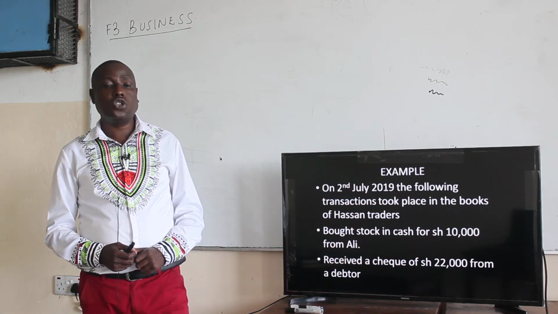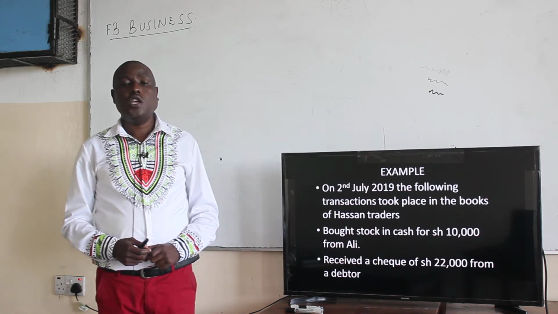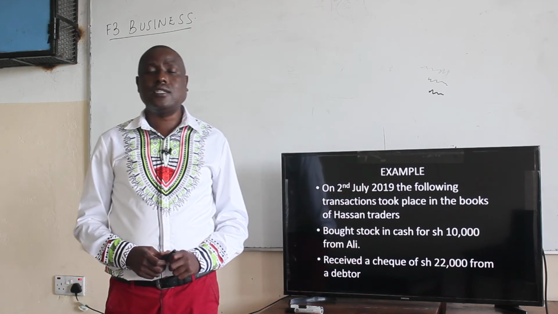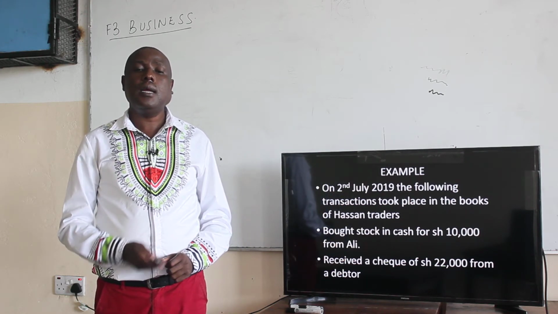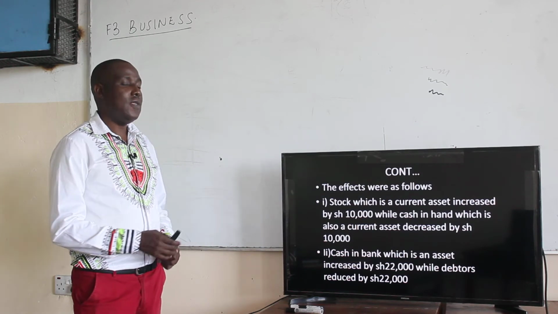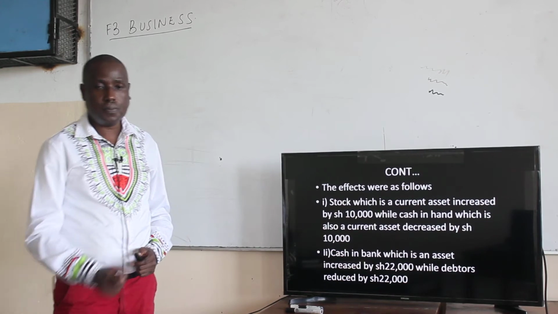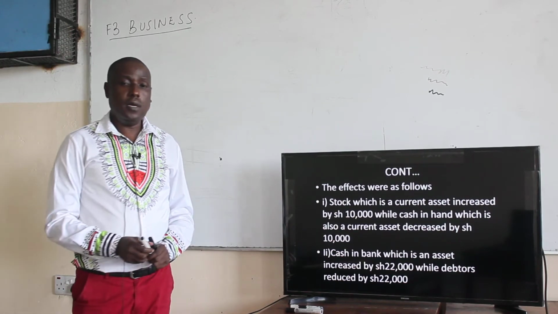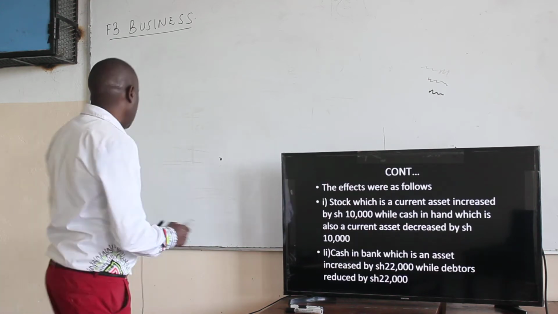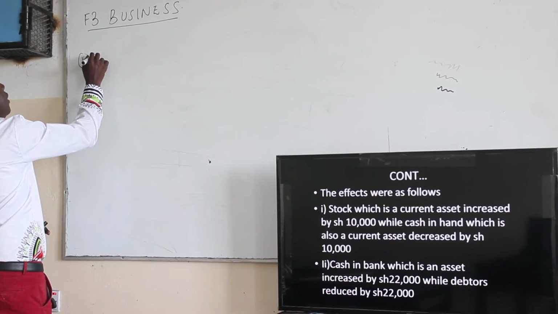The other transaction is that received a check of 22,000 shillings from a debtor. Now let's see, what effects do these two transactions have on the balance sheet? The first one, when you buy, you say bought stock in cash, that is transaction number one.